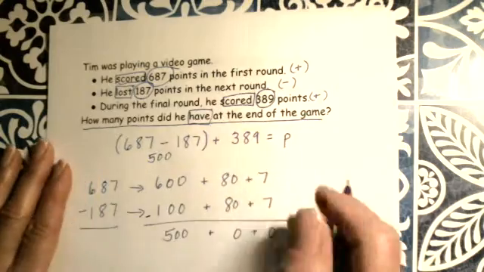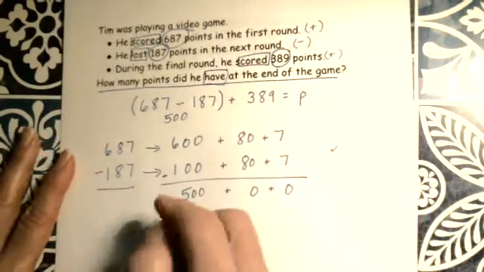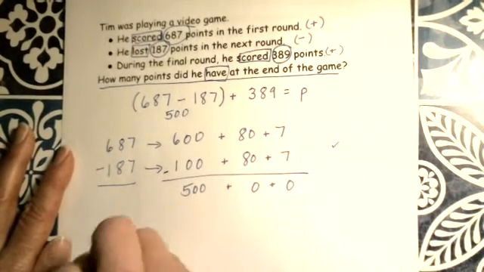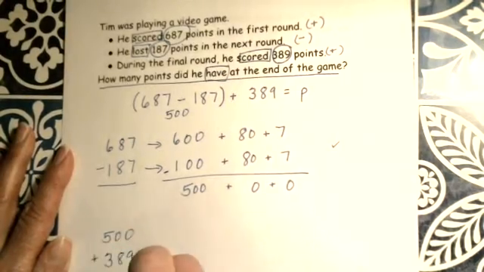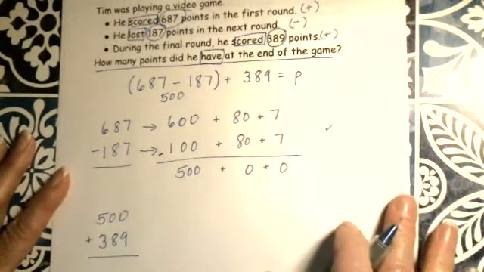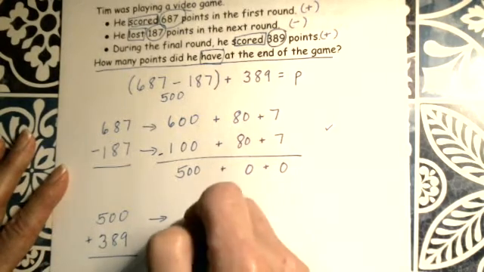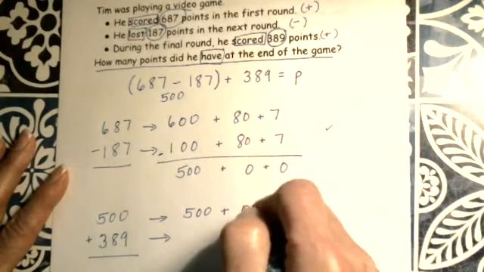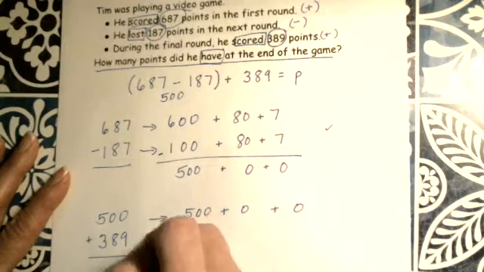So now I'm going to do the second part. So this was the first part. Now I have to do 500 plus 389. 500 plus 389. So if I do expanded form again, which some of you won't even need to do because you'll just look at this and you'll know what the answer is, but I'm going to write it out anyway.